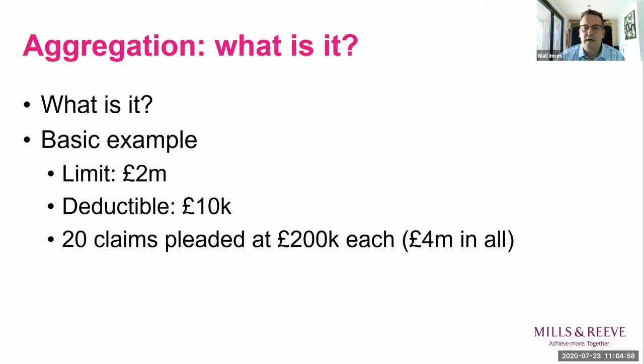If they do not aggregate, then the insured is at risk of multiple deductible payments, subject to any deductible aggregate, which is a separate issue. And so they could be paying up to £200,000 in deductibles, but the insurer could be on risk for £3.8 million worth of claims, since each individual claim falls well within the limit of £2 million. So in that case, the insurer is going to be less happy.